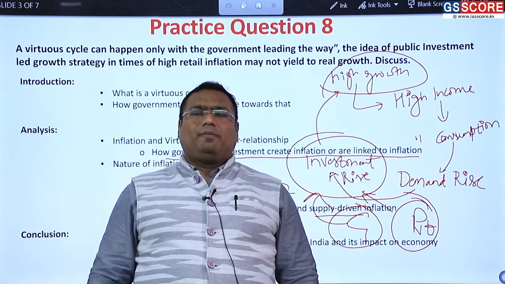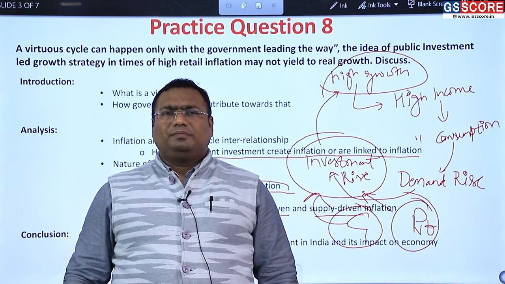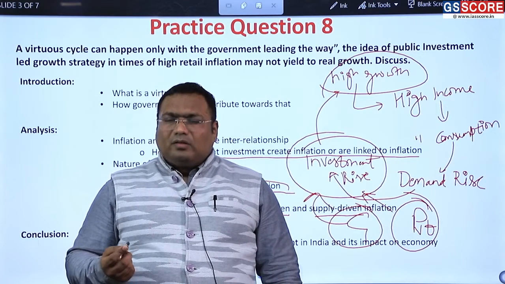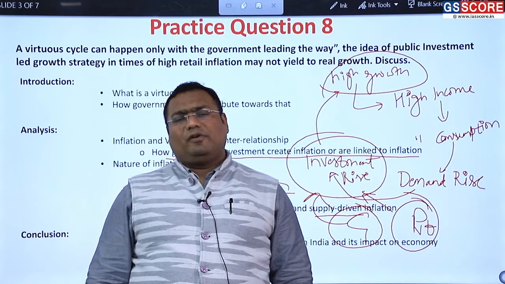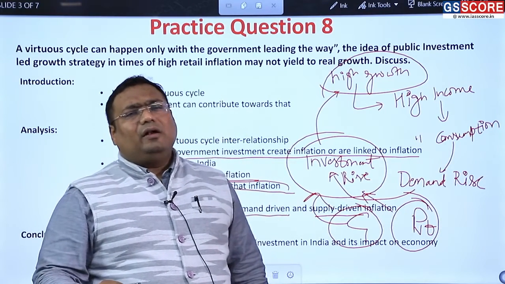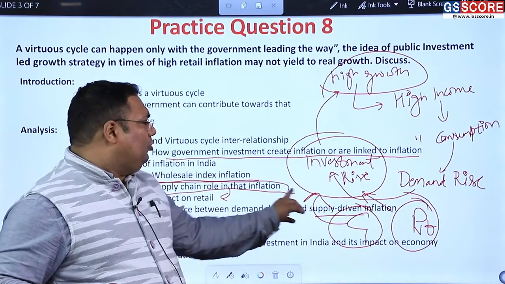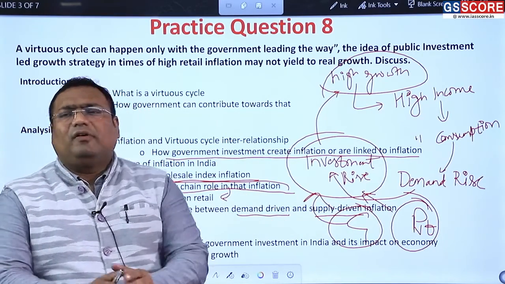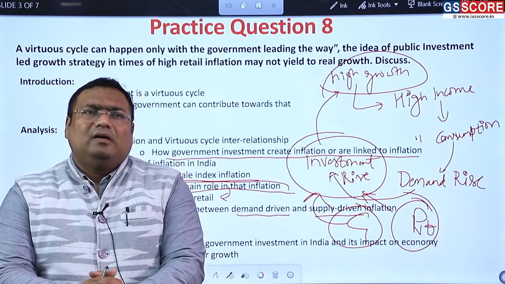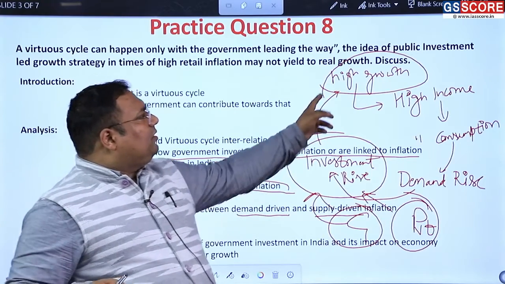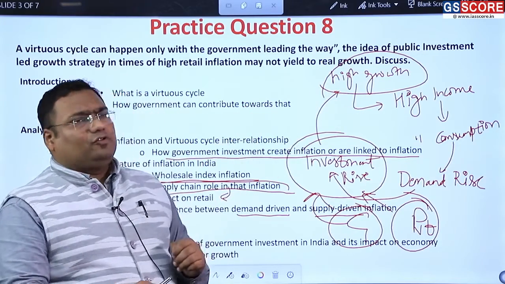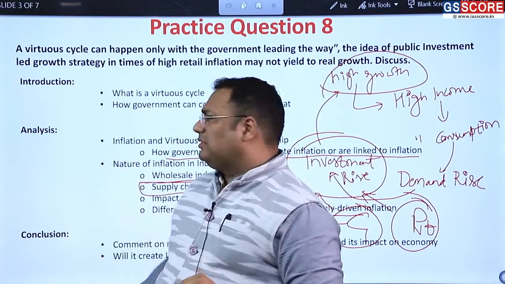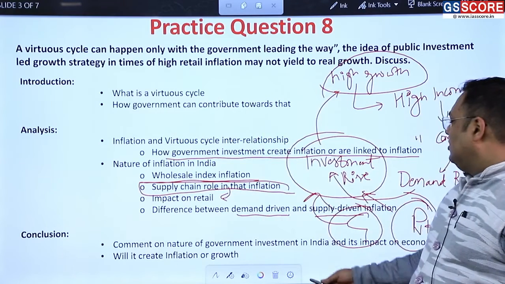And because these people are creating a lot of demand, the inflation that happens is demand pull inflation. And at present, because I've already discussed our inflation is because of supply, the risk of government investment leading to inflation is relatively lower. That point you can talk about. Clear?